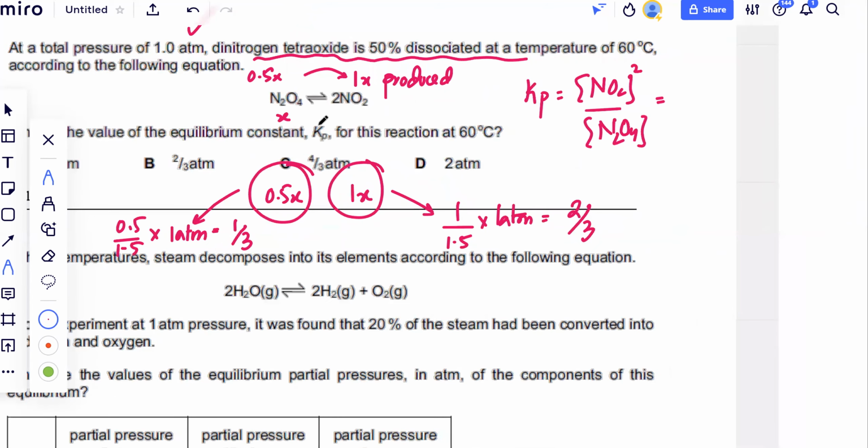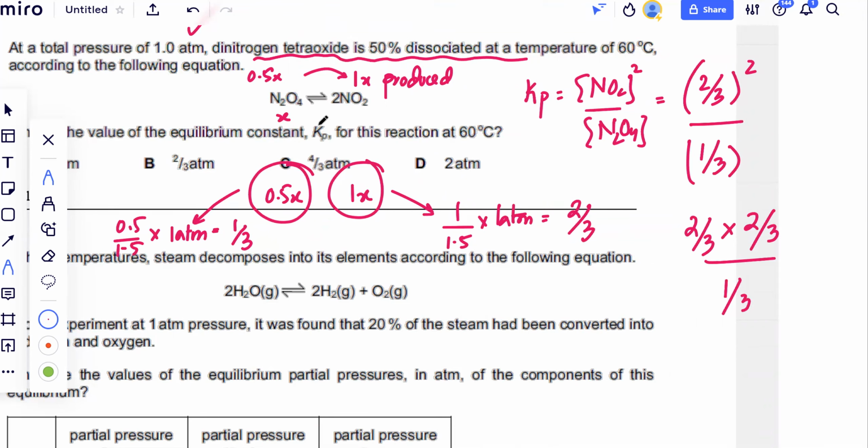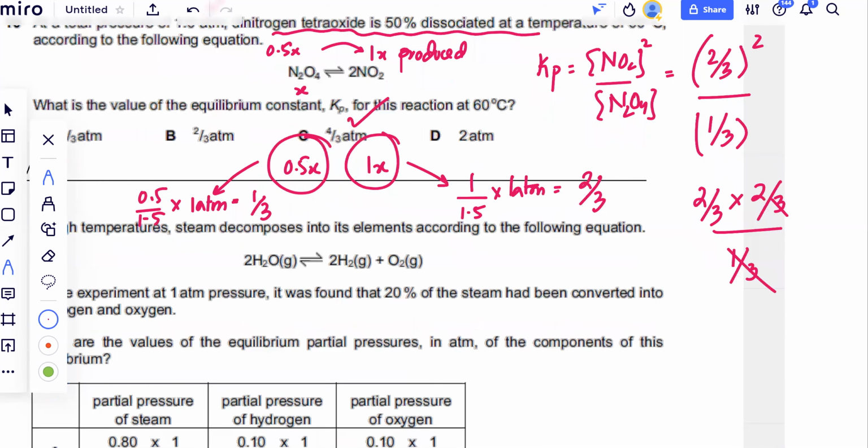So it's going to be 2/3 squared divided by 1/3. So what do you get? It's 2/3 squared divided by 1/3, so this gets cancelled out and you get 4/3 atmospheres.